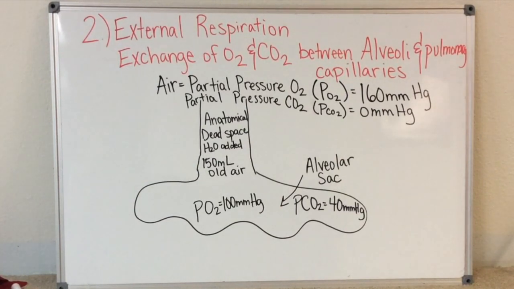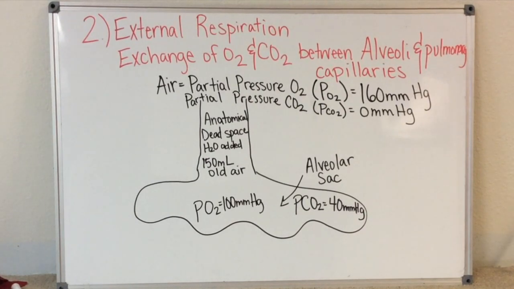As the air moves through the anatomical dead space, water is added to the air molecules. Also, remember that 150 milliliters of air is old air. Therefore, by the time the oxygen reaches the alveolar sacs, it only has a partial pressure of approximately 100 millimeters of mercury. This partial pressure is relatively stable between breaths.